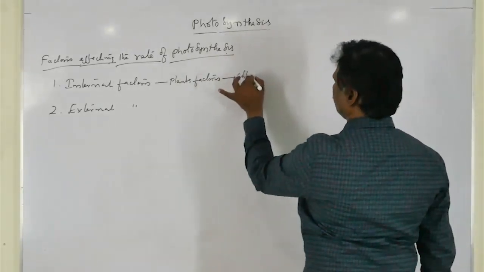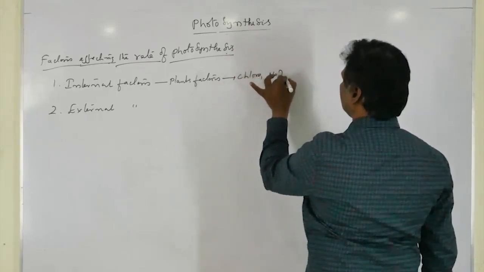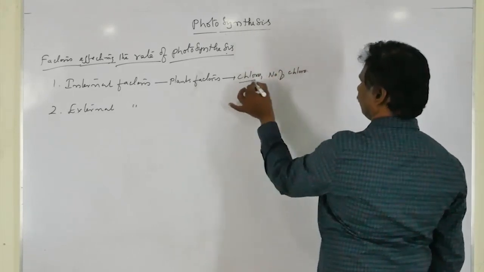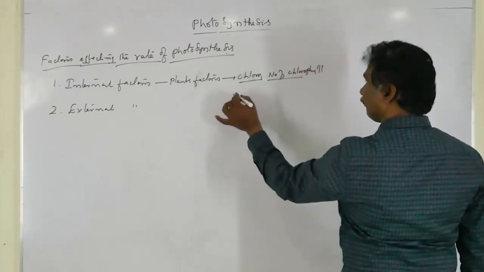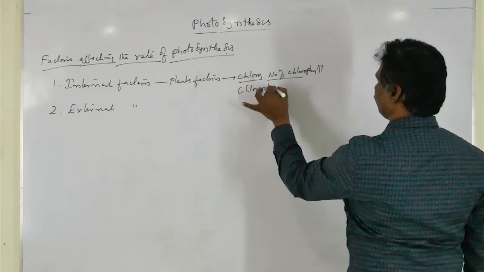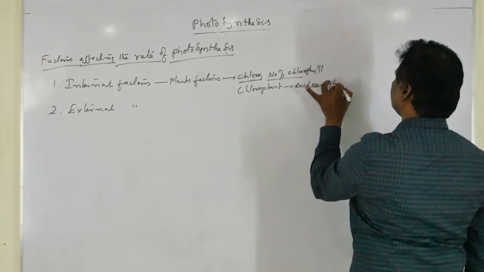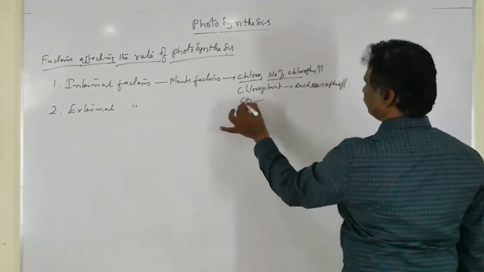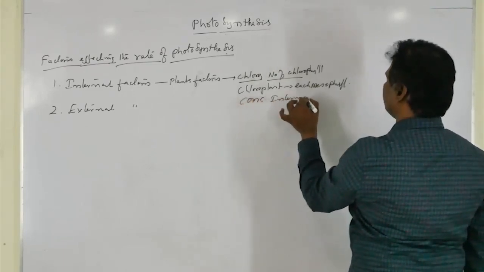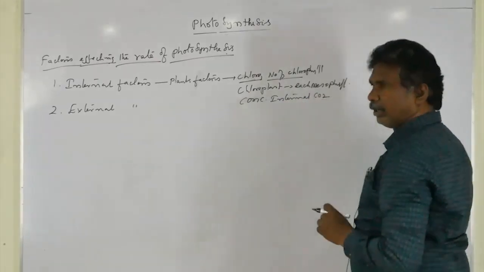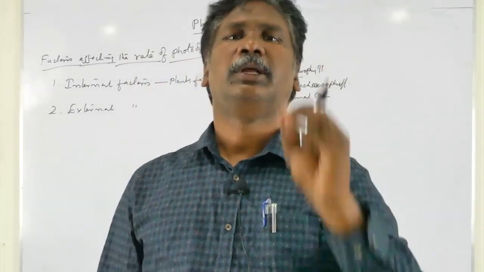Chlorophyll content, the amount of chlorophyll and number of chlorophyll molecules, the number of chloroplasts in each mesophyll cell, the internal CO2 concentration, and also the number, size, shape and structure of the leaves.